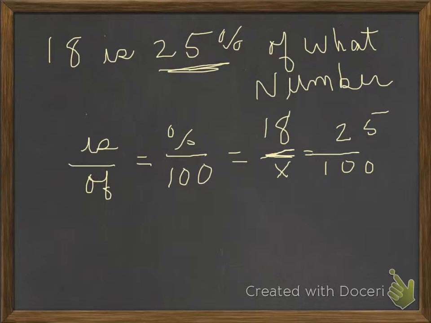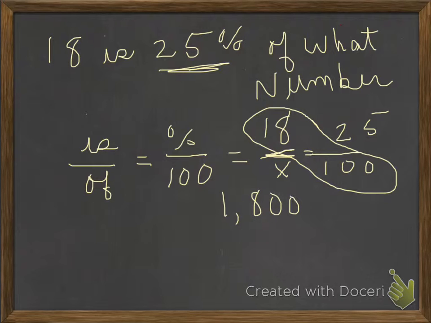Okay? So once you have that done, you simply cross multiply, using the butterfly method. You've done this every time. So 18 times 100 is 1,800. And we're going to multiply the other way, which is 25 times x. It's 25x.